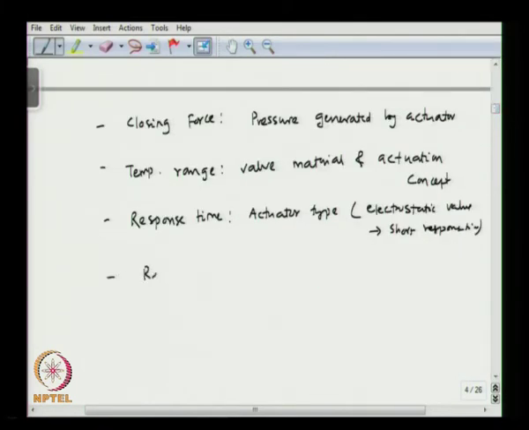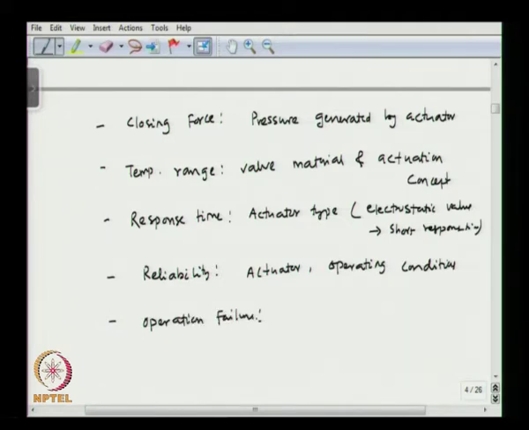Then reliability, which will depend on the actuator and the operating conditions. And operation failure: one major reason why valves fail is when there is particle inclusion in the flow.